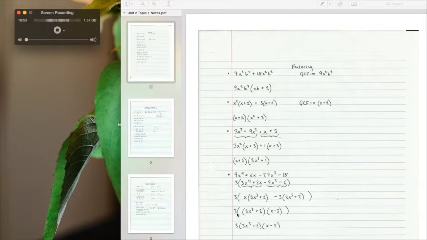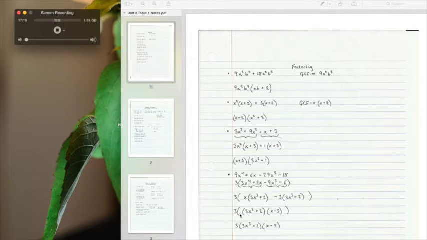Now I have a 3 on the outside, and I have two completely factored terms here on the inside. Since everything is just multiplied by everything else, okay, I don't have any addition existing outside of my factored terms, okay? I have addition and subtraction within factors, but I don't have any addition or subtraction outside of those factors.